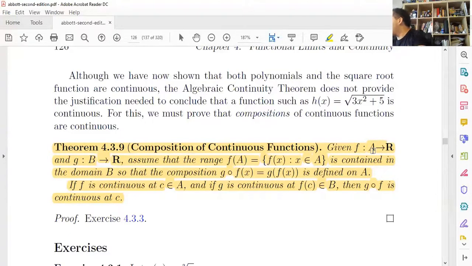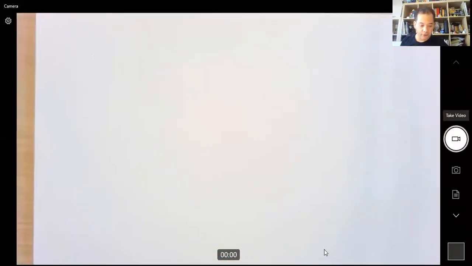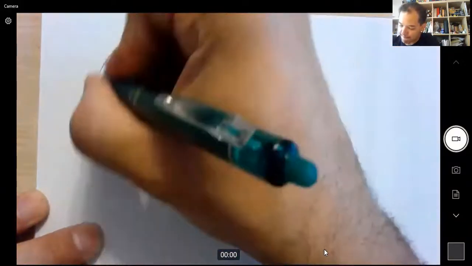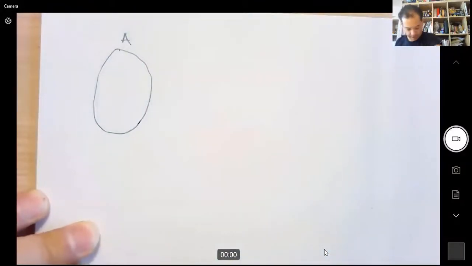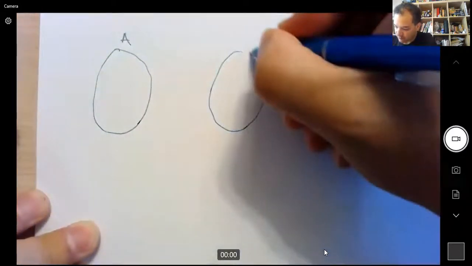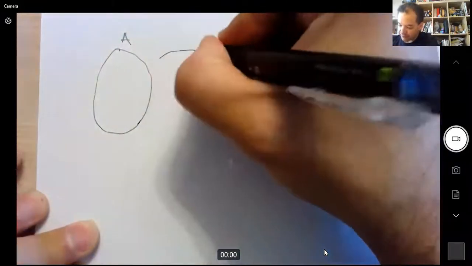The picture to have in mind is that we have two functions. Let me go back to the page. We have two functions here. One of them has our domain A, and we have B. And from here to here, we have the function f.